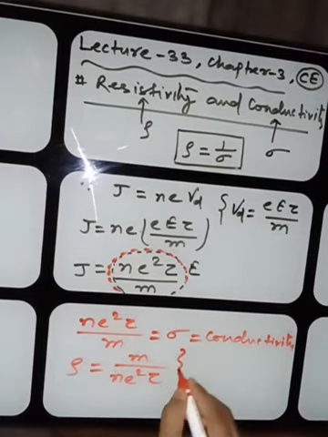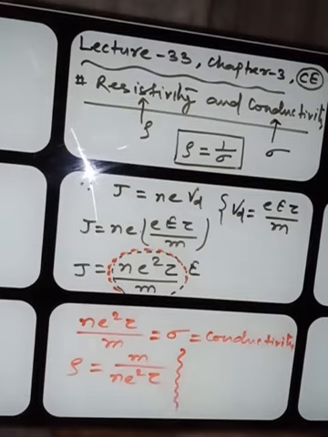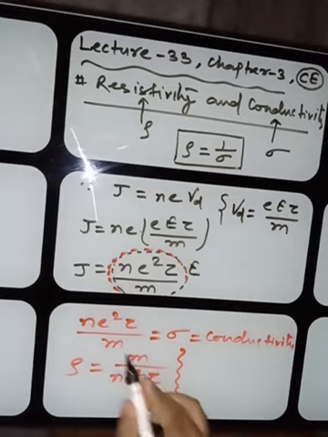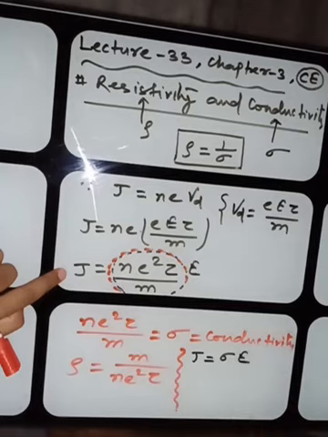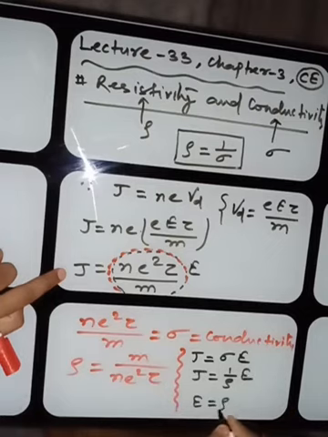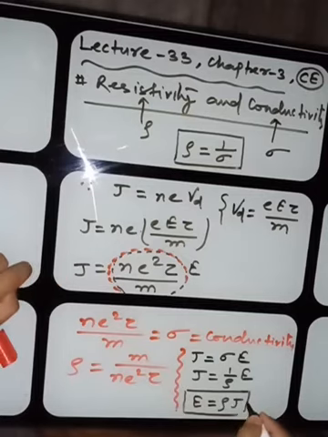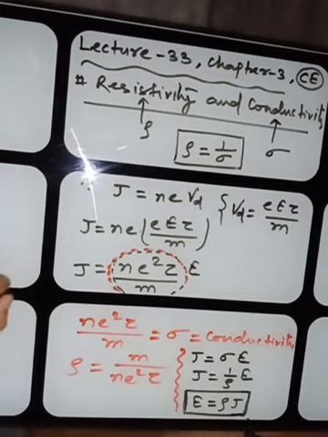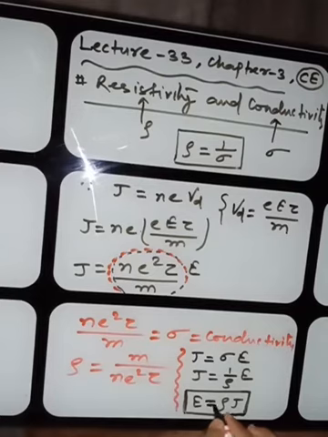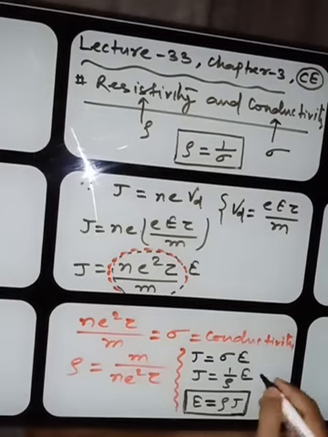Now another very important relation we obtained here: if sigma is conductivity, then J can be written as sigma into E, and if rho is 1 by sigma, then E can be written as rho J. You have to remember this formula, E equals rho J.